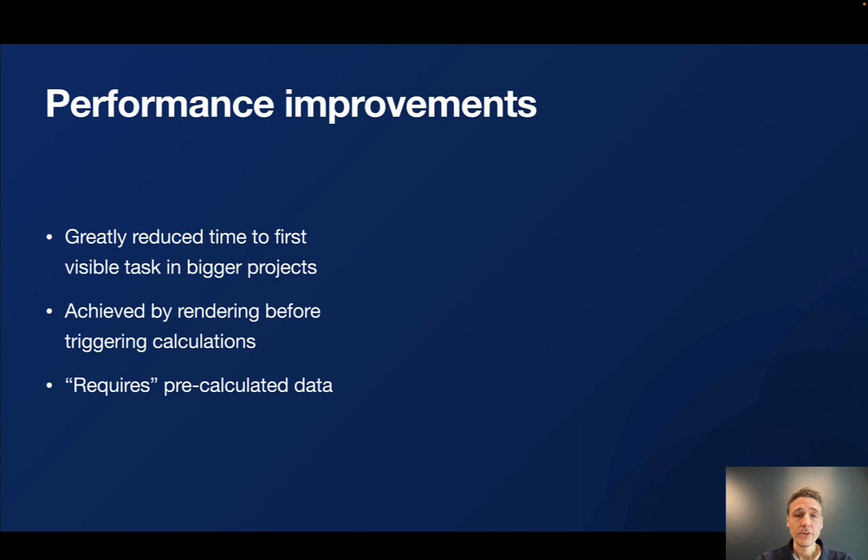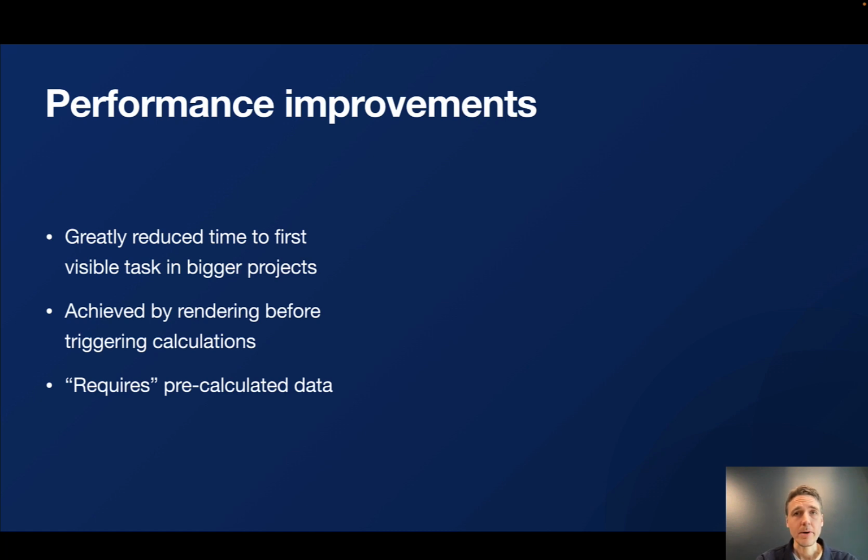For 10,000 tasks, we've seen that it can take up to 8 seconds on a not super new computer, and that's quite a long while to wait before something appears on the screen. So in 5.0, we have refactored this process, and we now render tasks as early as possible. After they are loaded, but before they enter this engine, we display them on screen.